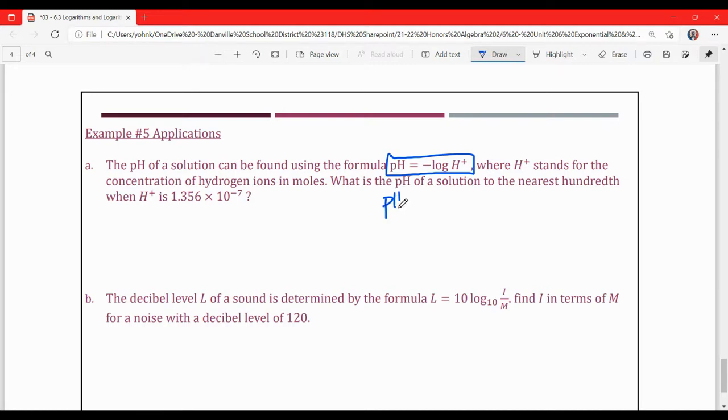So the pH of a solution is found by doing negative log, and H plus is the hydrogen atoms. So that's 1.356 times 10 to the negative seventh. If I type this negative log of 1.356 times 10 to the negative seventh in my calculator and round to the nearest hundredth, I get a pH of 6.87.